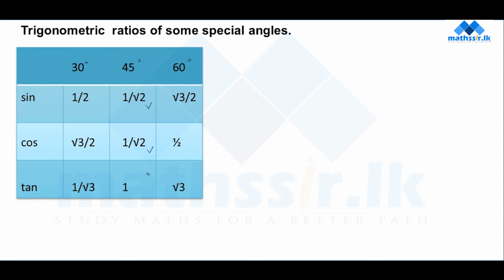These are the values. Similarly, sine 30 value represents 1 over 2, cos root 3 over 2 and tan 1 over root 3. Using these values, we can get the value of trigonometric expressions. Let's see some examples.